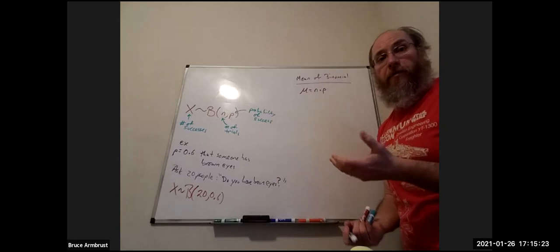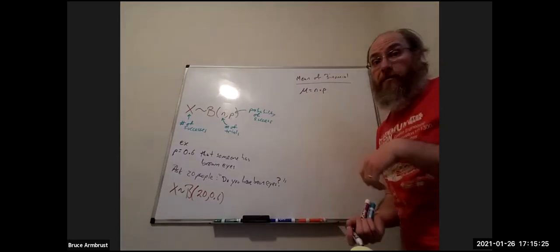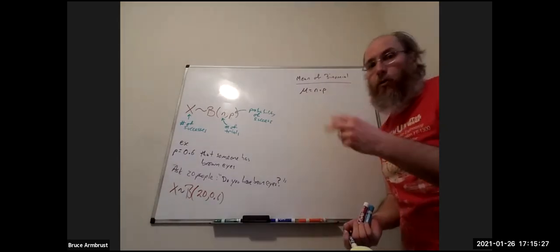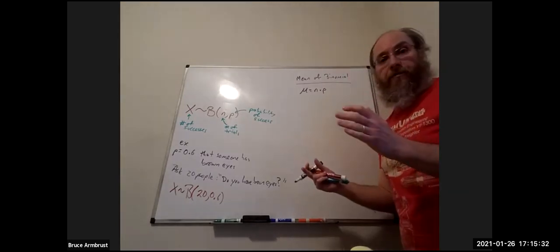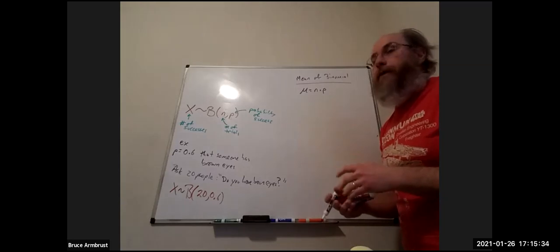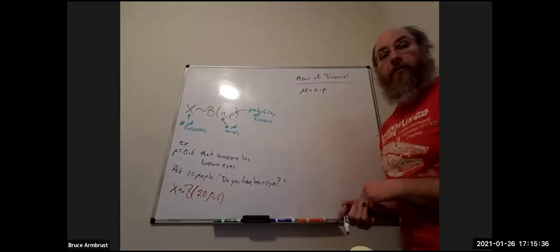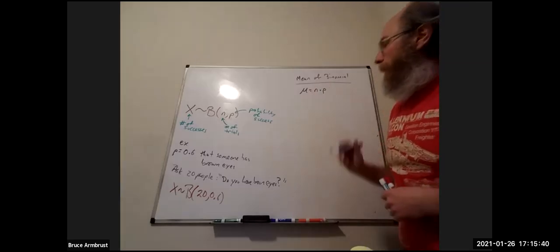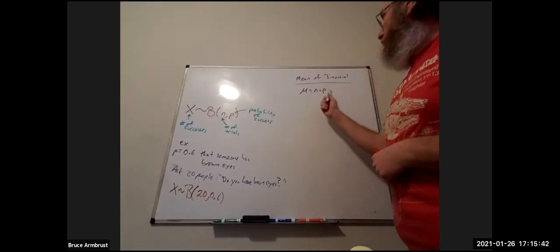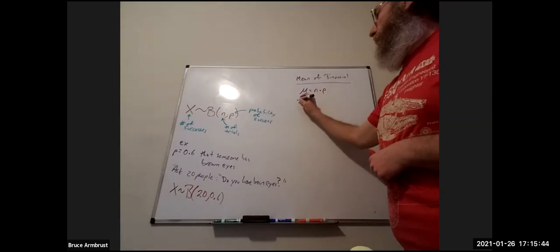Now, will it always be 12? No. Sometimes 11, sometimes 19, sometimes 2. But on average, over the long haul, if I ask lots of groups of 20, I should expect around 12 responses of, yes, I have brown eyes. All right, so that's the mean of the binomial PDF.